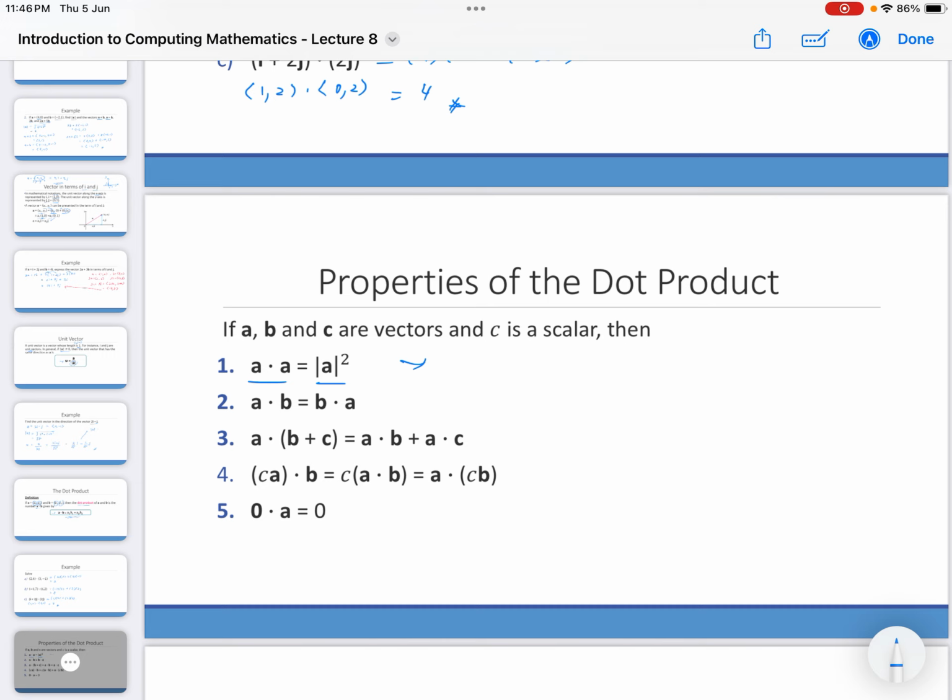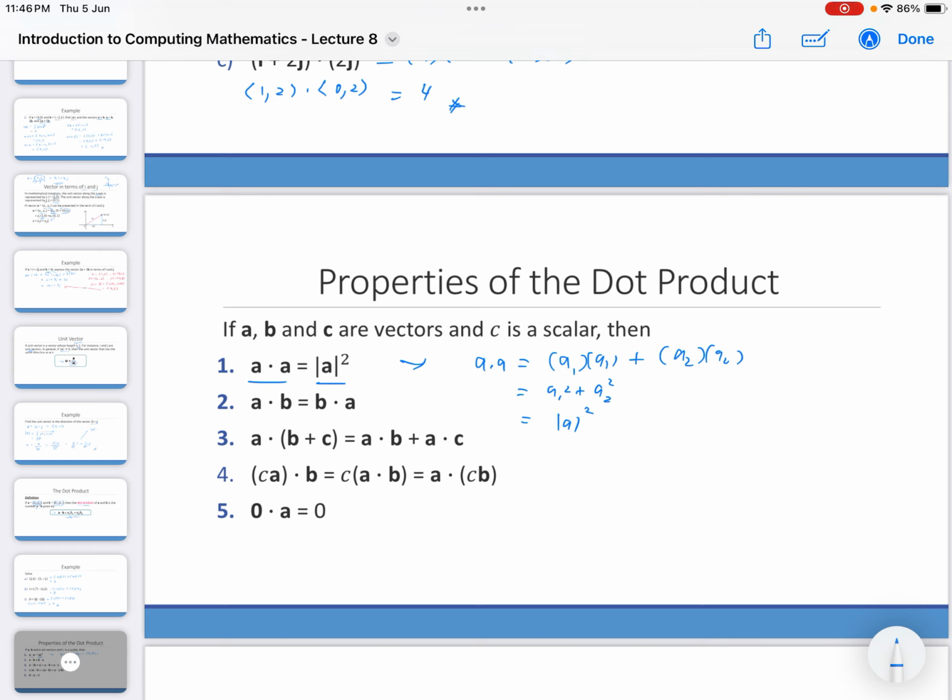We can look at it like this: A dot A is equal to the first component of A multiplied together, A1 times A1, plus the second component multiplied together, A2 times A2. This is equal to A1 squared plus A2 squared, which is equal to the magnitude of A squared.